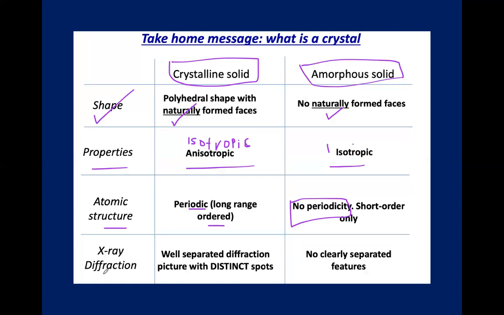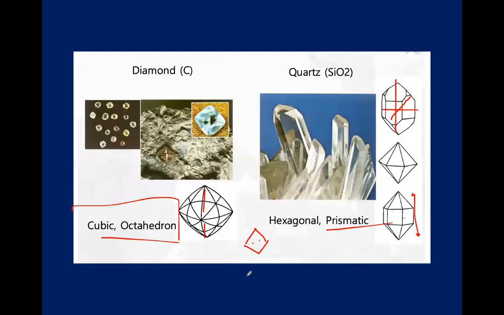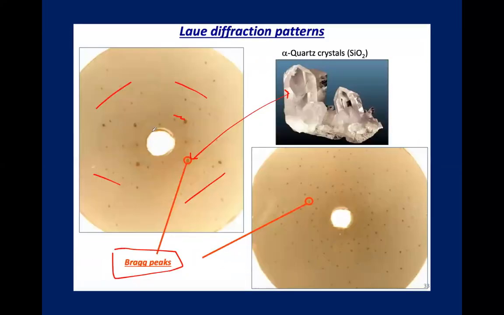And in terms of X-ray diffraction, the crystalline solids will give you well separated diffraction picture, right, with distinct spots, right? You saw that before. You see, these are the distinct spots for a given crystal, right? For quartz, it is like that. But if you put the garnet, it won't give you the same shapes, but it will give you different spots.